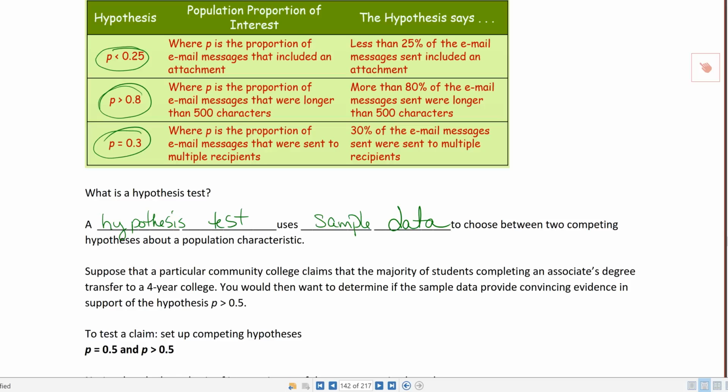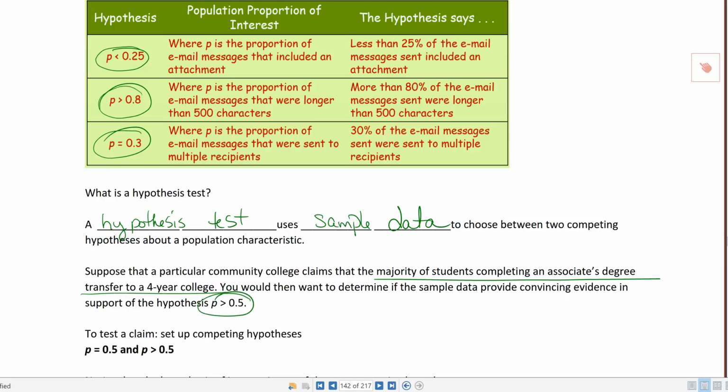So suppose that a particular community college claims that the majority of students completing an associate's degree transfer to a 4-year college. You would then want to determine if the sample data provided convincing evidence to support this, that a majority of the students completing an associate's degree transfer to a 4-year college.